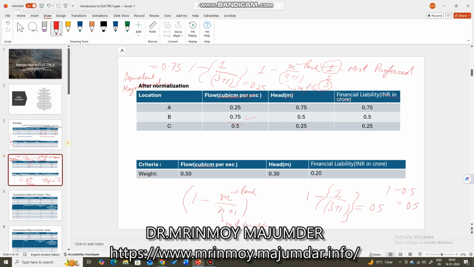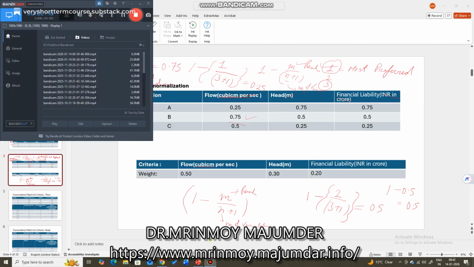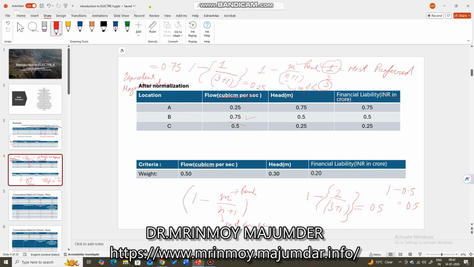Here I have assigned the maximum weight to flow, followed by head, and lastly financial liability. But it may happen that for another decision maker, financial liability can be the maximum weight, followed by flow and then head. So it depends upon the decision maker.